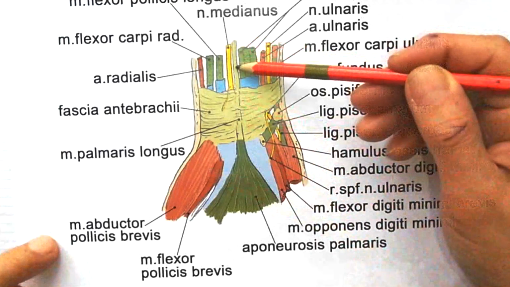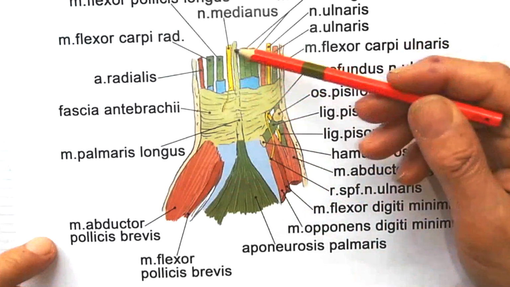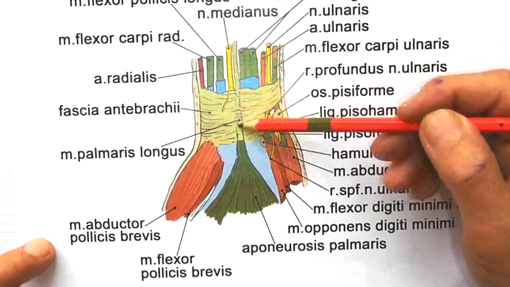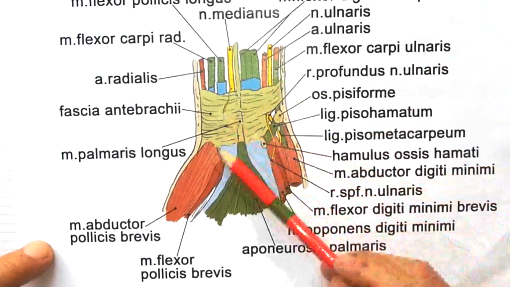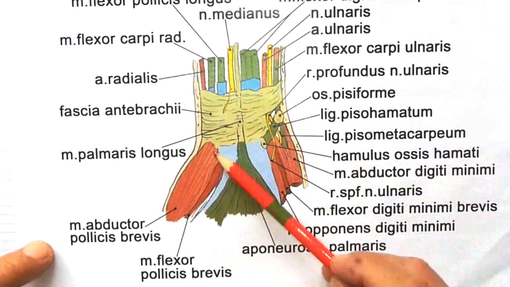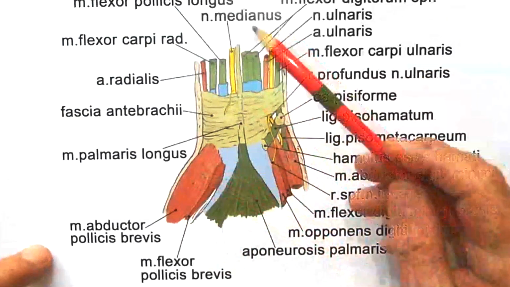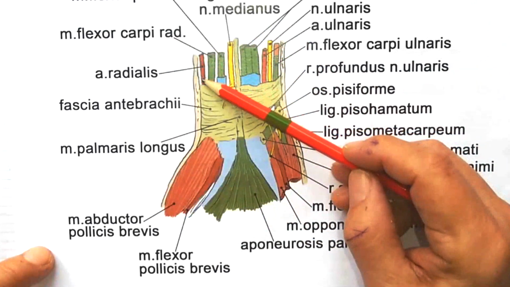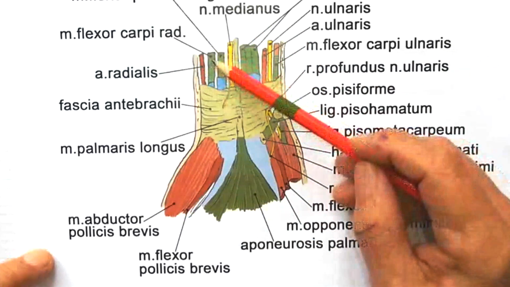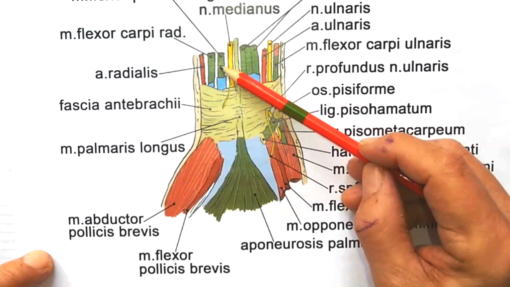We mentioned the long tendon of the palmaris longus, which is usually attached to the palmar aponeurosis. Then in the hand we see the thenar and hypothenar muscles. There are three. Then on the radial side or lateral side, follow the radial artery plus two veins, which are not seen. Then flexor carpi radialis, flexor pollicis longus.